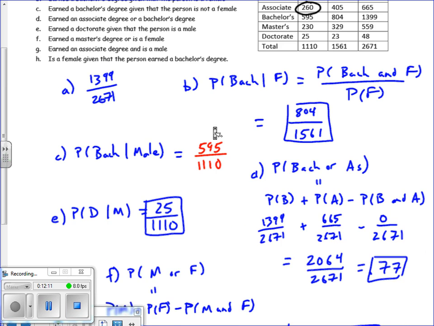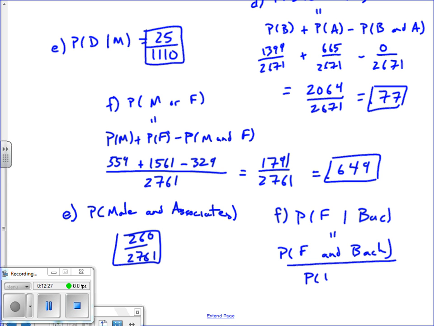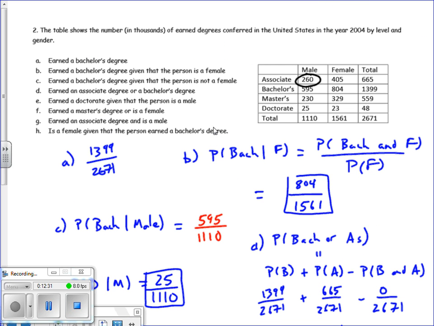So this was female given a bachelor's degree. So just so we can see that, female and bachelor's over the probability that they get a bachelor's degree. So female and bachelor's is 804.